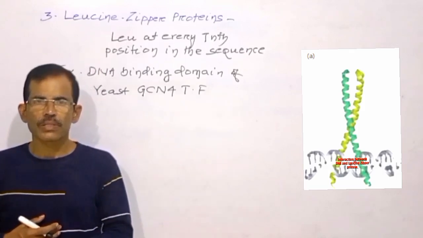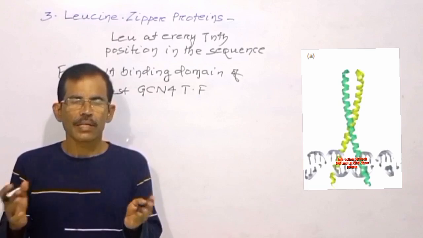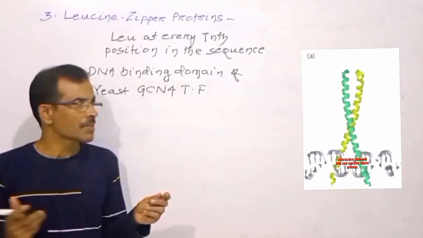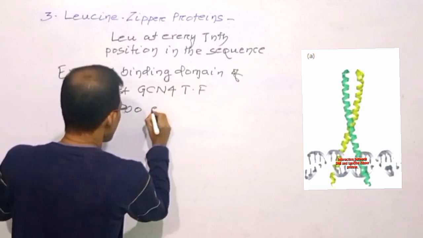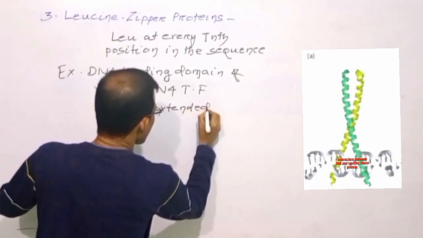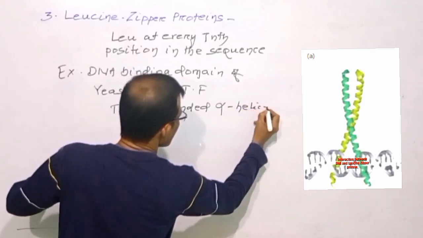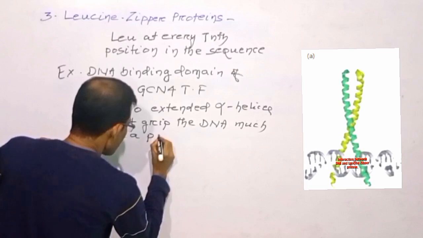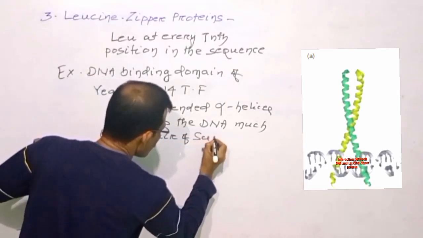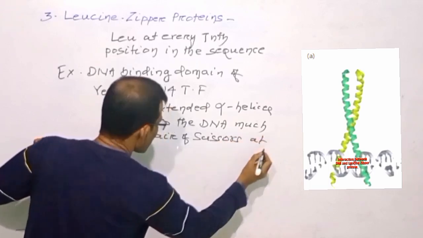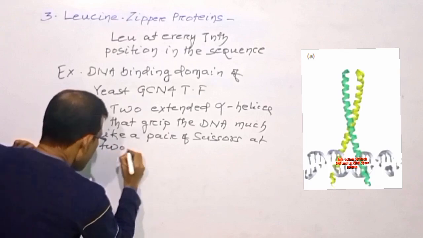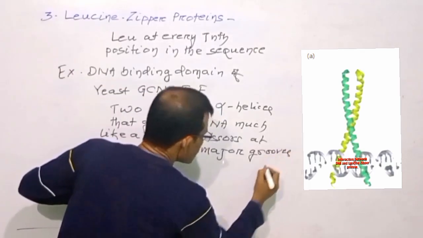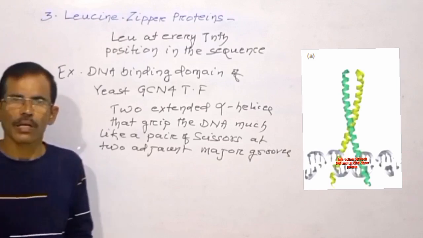X-ray crystallographic analysis of the complex between DNA and the DNA binding domain of GCN4 shows that the dimeric protein contains two extended alpha helices that grip the DNA much like a pair of scissors at two adjacent major grooves separated by about half a turn of the DNA double helix.